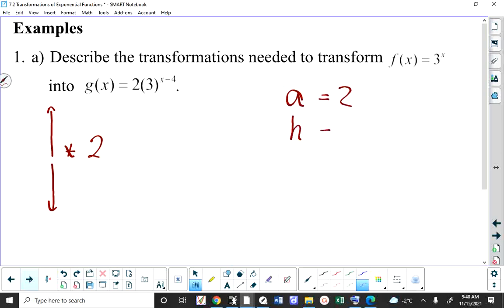We have a parameter h of 4, which means there's, after this happens, a shift of 4 units to the right. So that's all that happens. We're okay with that?